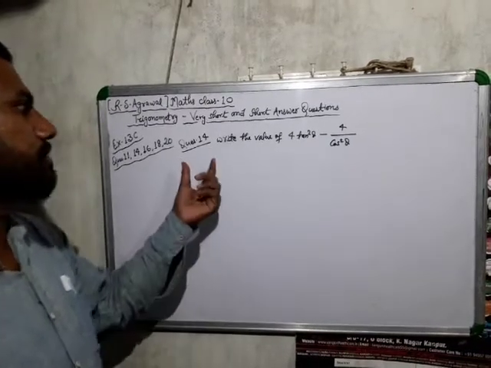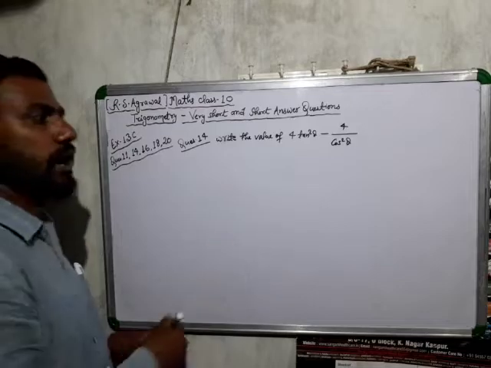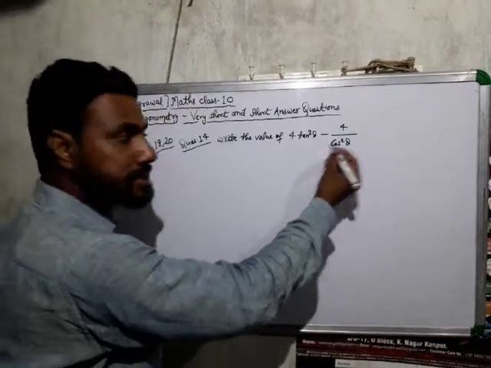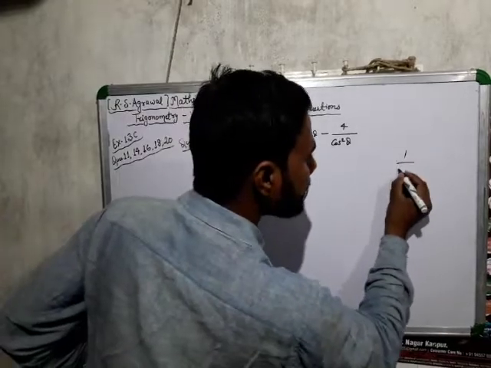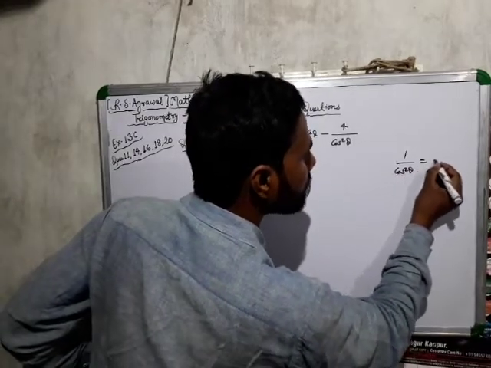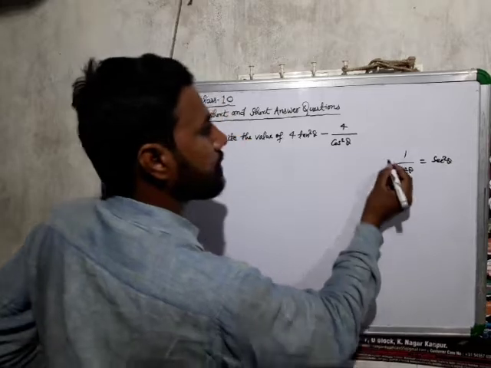Next, question number 14. Write the value of 4 tan square theta minus 4 by cos square theta. We know that 1 by cos square theta is equal to sec square theta.